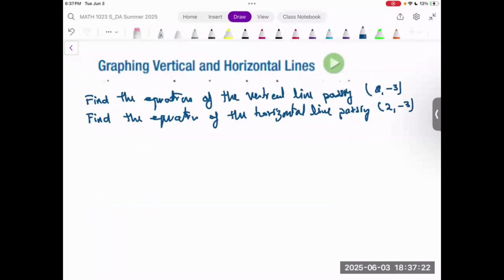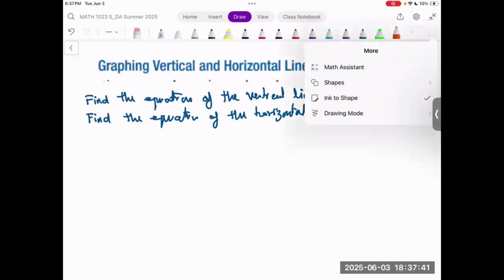All right, so the best way to figure out the equation of the vertical line or horizontal line is always the graphing method. Graph it, you will get the equation right away. Let me demonstrate for you how to do this. It's not really difficult.